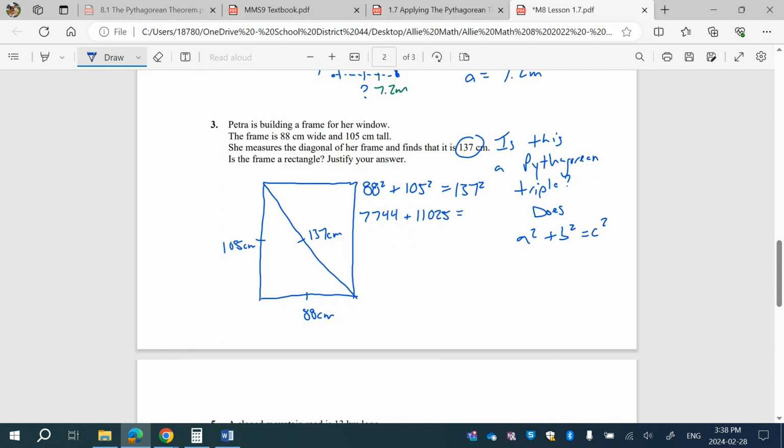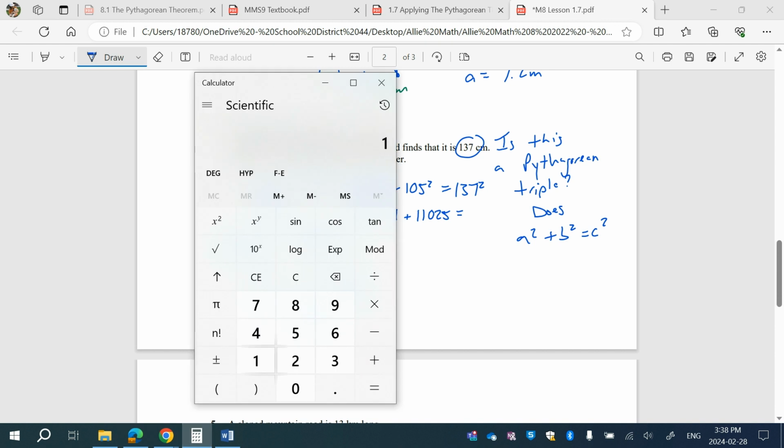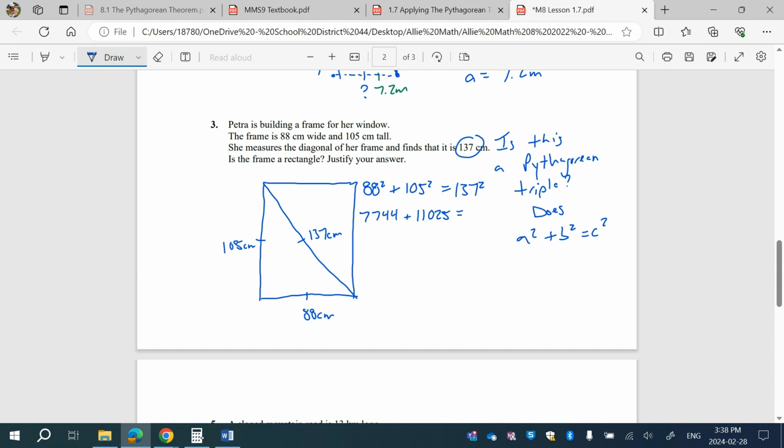Does that equal, let's do 137 squared, 18,769. Okay, I just put a nice box around this so you can actually see it.